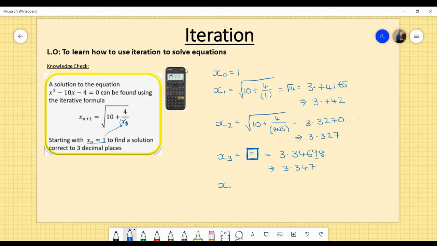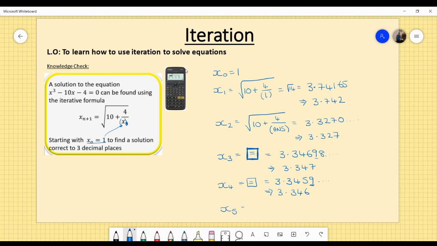So I'm going to do the same thing again, work out the fourth one, hit the equals button on the calculator, and I end up with 3.3459, and so on. So when I round this one, I've got 3.346. Just be careful again, that 9 has rounded it up. 3.347 and 3.346 are not the same, so I've still got to go again.